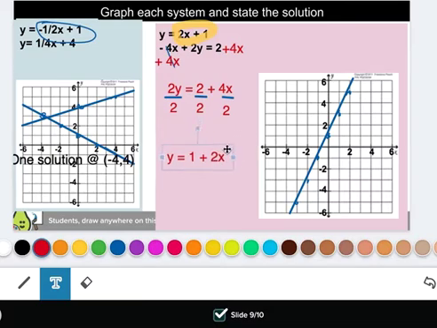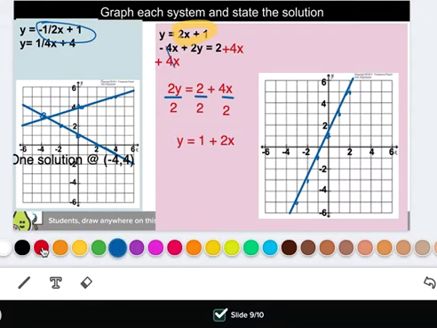You start out at 1, and it's 2 over 1. Same line, so we call this infinite solutions. Same line as you can see. That is your homework.